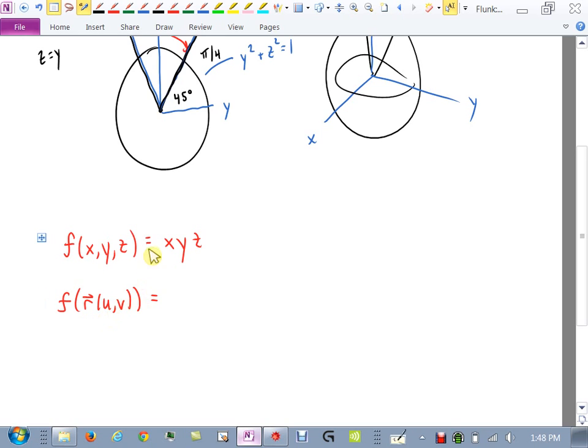Well, that means you replace all your x's with the x component of your vector function. You replace all the y's with the y component, and you replace your z's with the z component. What's the x component of my vector function? Sine u cosine v. Then sine u sine v times cosine u.